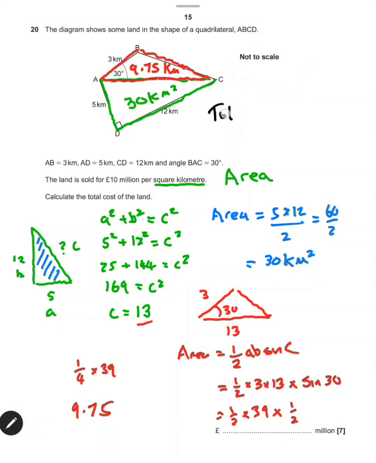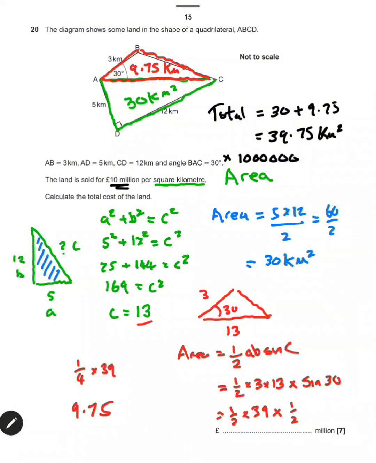Total area is 30 plus 9.75, which is 39.75. And we need to answer the actual question, which says if this land is sold for 10 million per square kilometre, then we're just going to multiply this area by 10 million. 10 million is a 1 with 6 zeros on it.